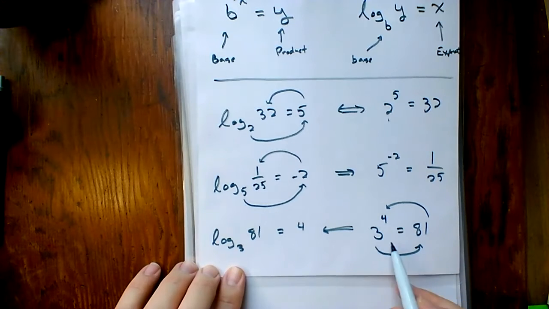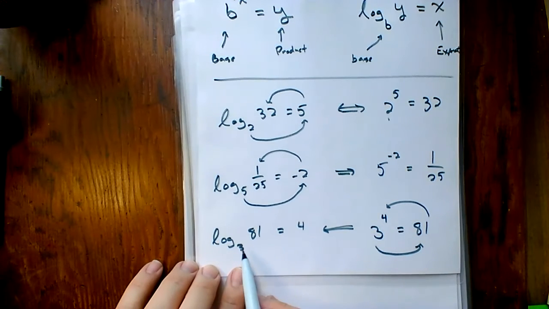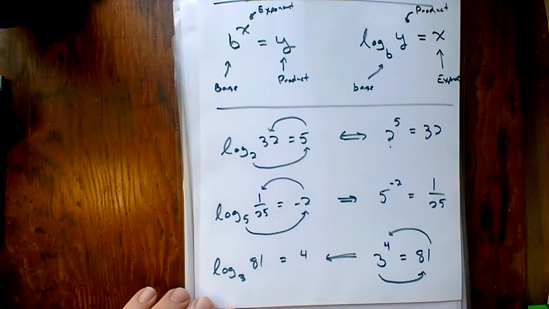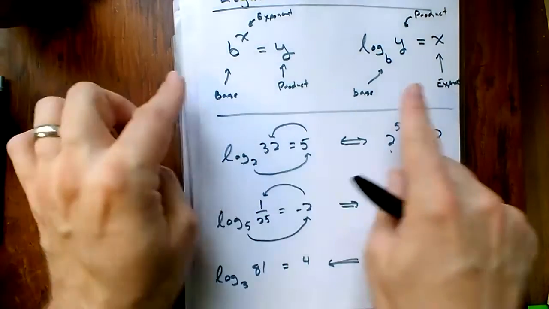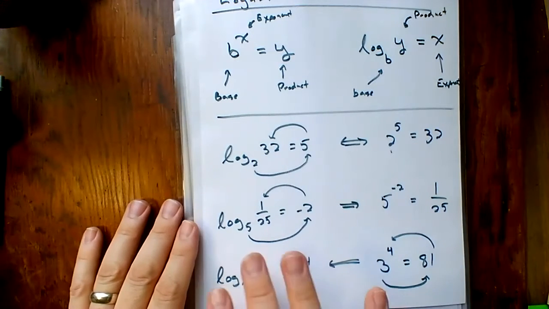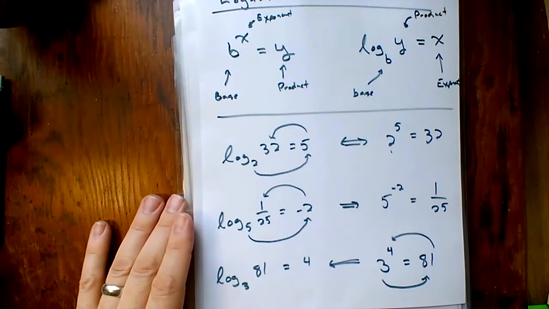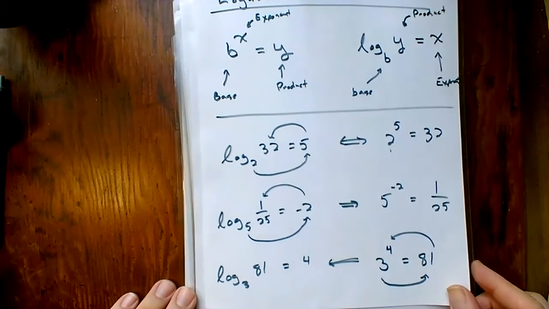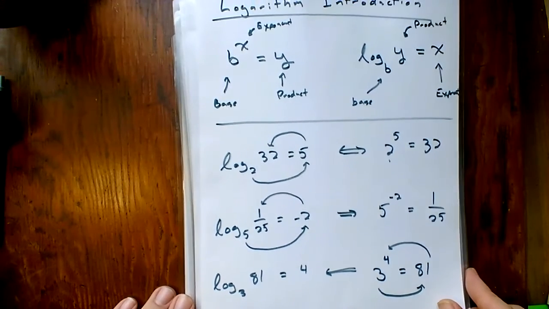So we're kind of going back and forth. 3 to the fourth is 81. So this really shows you the differences between these two and one convenient technique for converting back and forth.